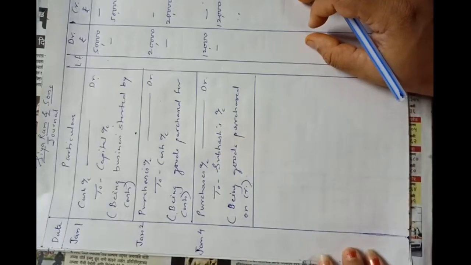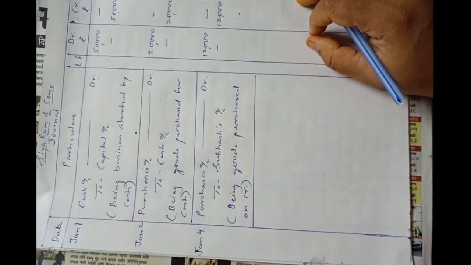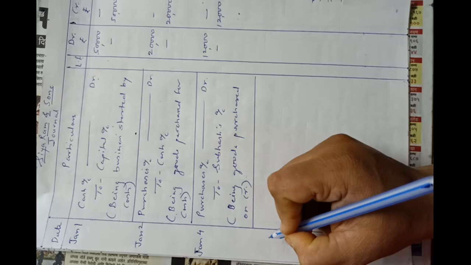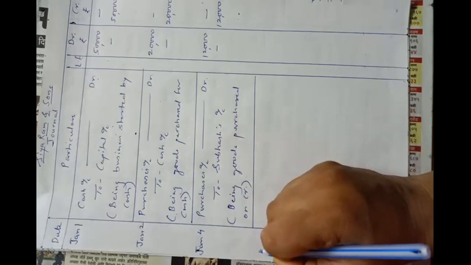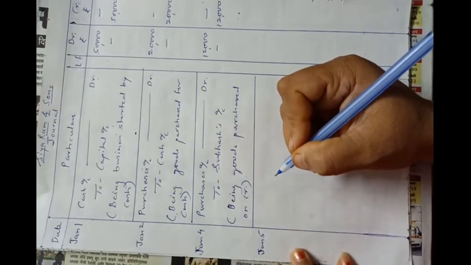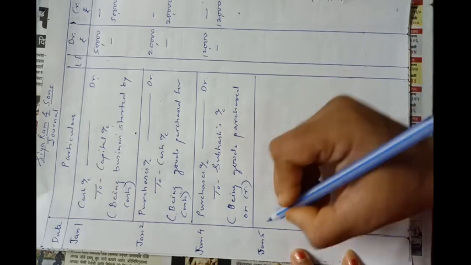Now the next transaction. Next transaction is purchase furniture for cash and the date is January 5th. Purchase furniture for cash. See, you are working. Furniture account will be debited, cash account will be credited.